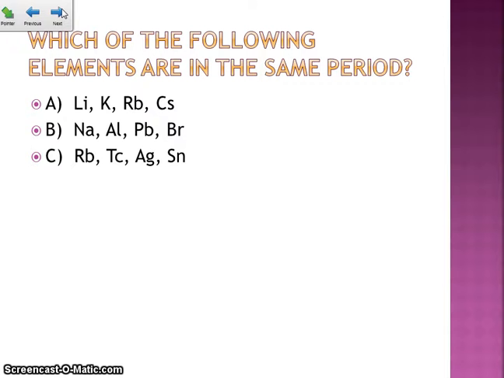Those are kind of all over the place, definitely not in the same row. But if you find rubidium and technetium and silver and tin, those ones are all in the same period. So your correct answer would be C. And which period are they in? Should be period 5.